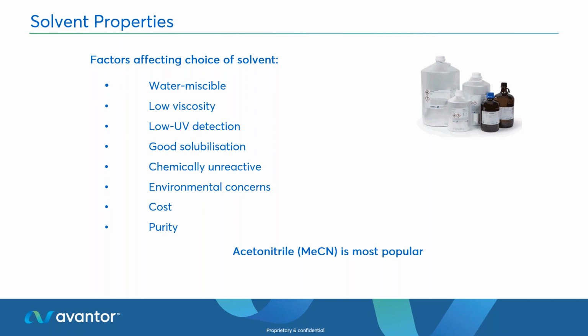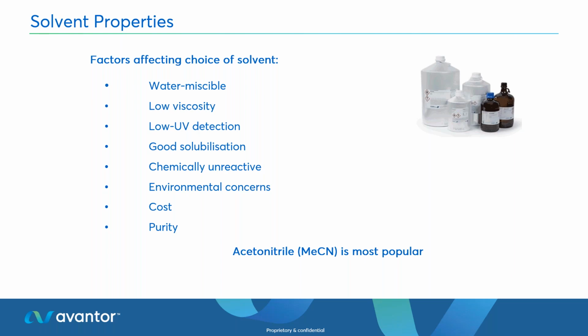There's other parameters that we need to think about as well when we choose our solvents. So obviously I've mentioned we're talking about reverse phase, so my solvent needs to be miscible with water. We want a low viscosity solvent. We want to make sure we don't have a lot of background, so low UV detection if I'm working with UV, potentially even lower background if we're working with mass spec.